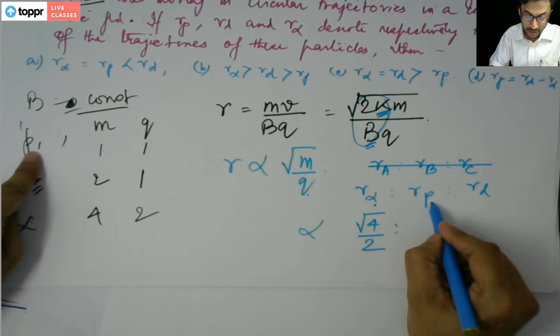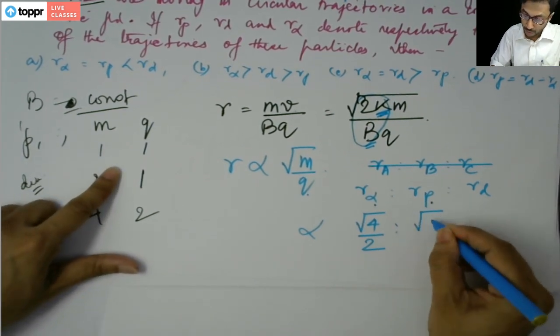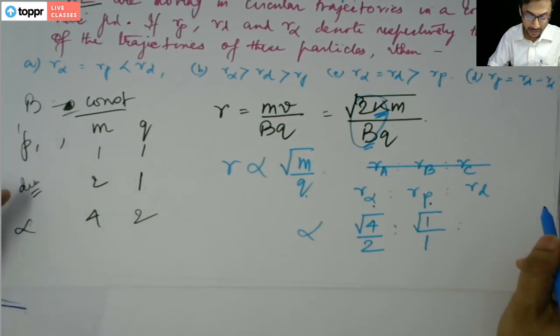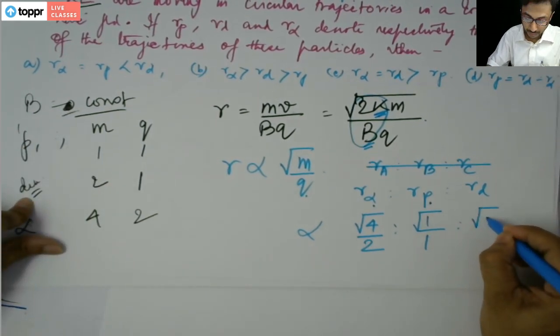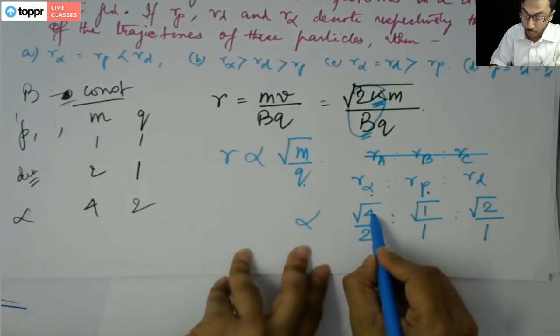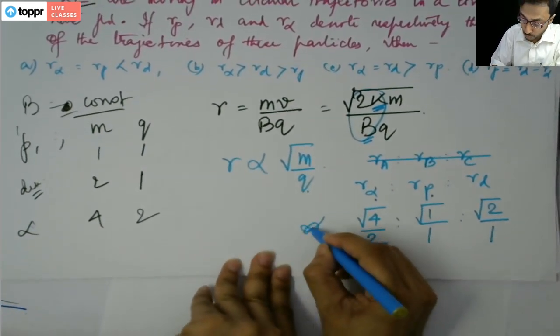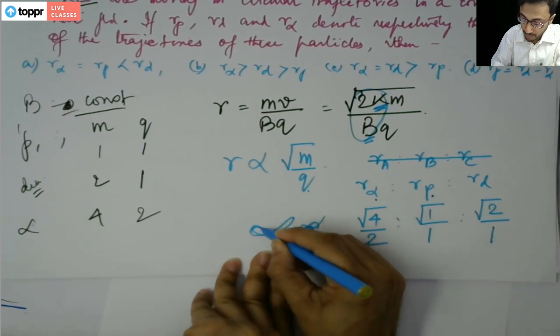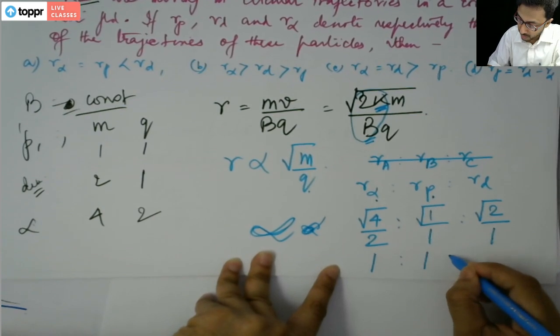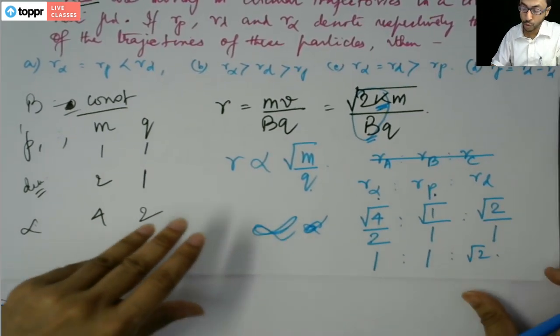For proton it is root 1 by 1. Got it? Now root 4 is 2, so this is 2. So this is proportional to 1 is to 1 is to root 2.